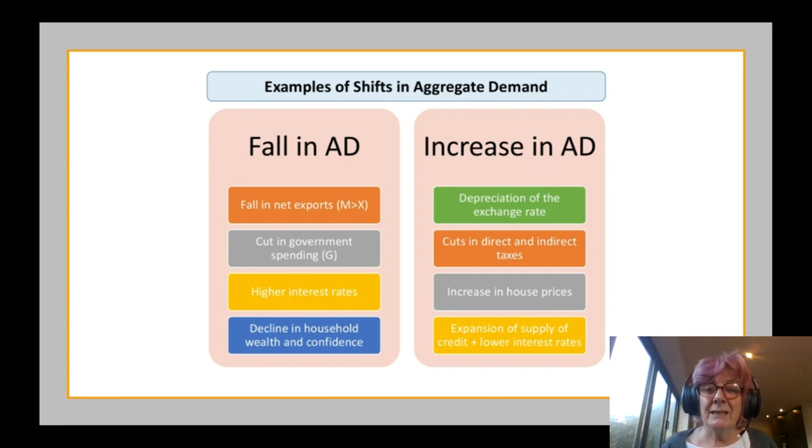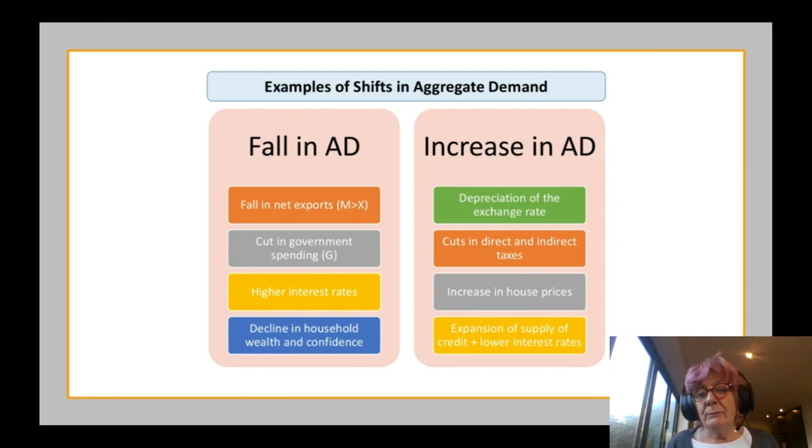But it also means that exports from the UK will be more expensive for other people to buy, and they're likely to fall. So that's likely to cause a fall in aggregate demand. But we can look at that the other way around. If the value of the pound went down, then it becomes more expensive for me to buy imports, and it becomes cheaper for people in other countries to buy UK exports.